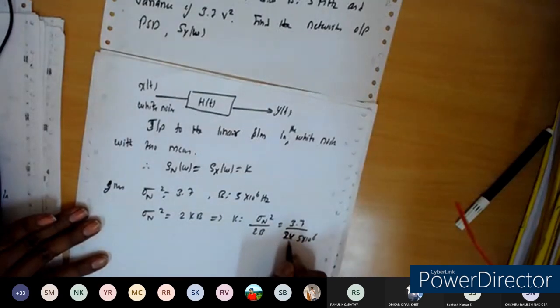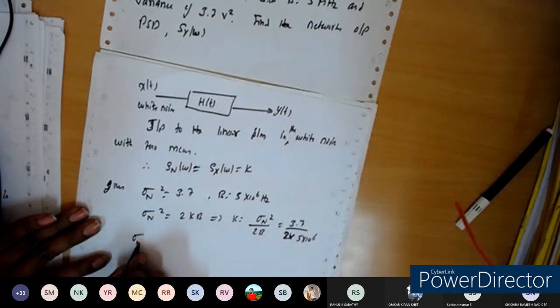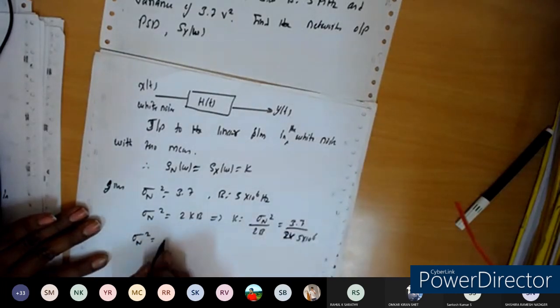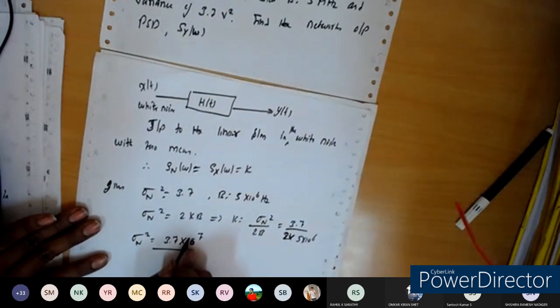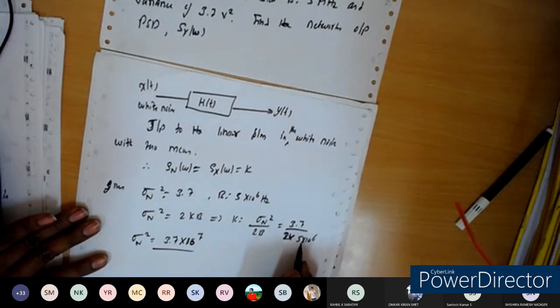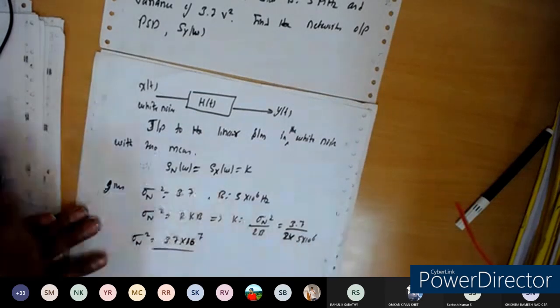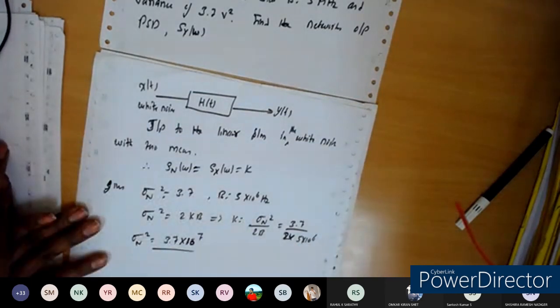Two 5s are 10, so the denominator becomes 10 to the power of 7. Taking it to the numerator, we get 3.7 into 10 to the power of minus 7.